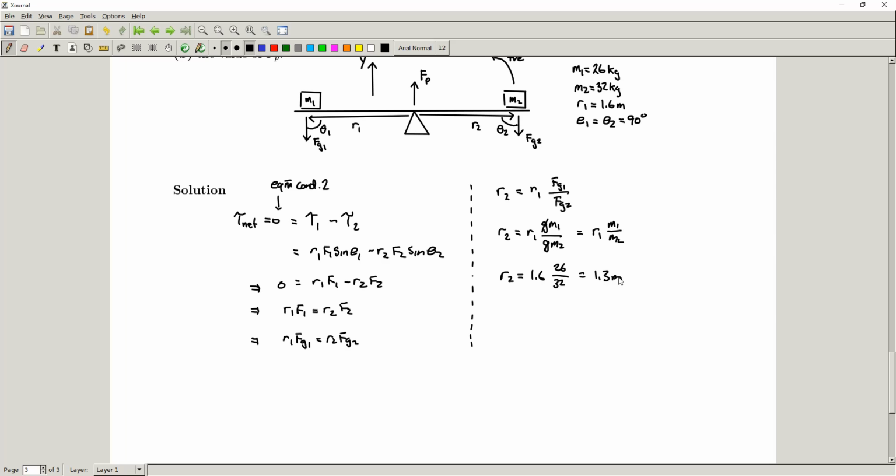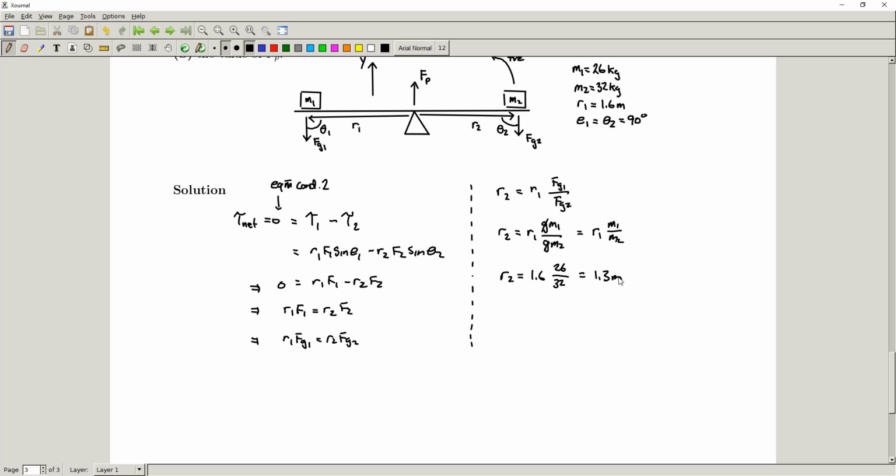So when this heavier child is at a distance of 1.3 meters from the pivot, and the lighter child is at 1.6 meters, this system won't have any net torque applied to it, so it'll have a constant angular velocity of 0. It won't be rotating, right?